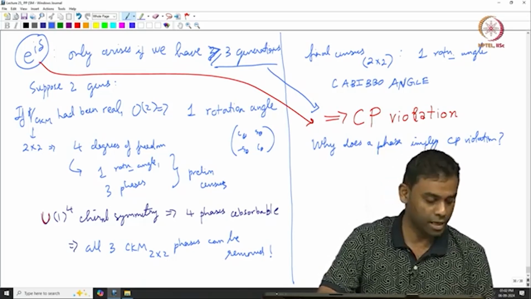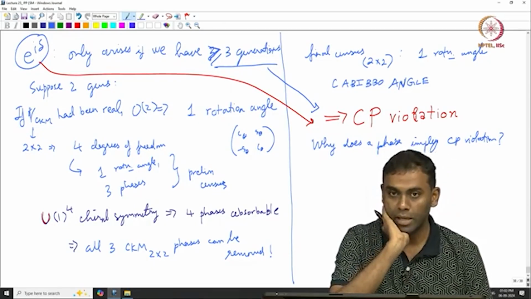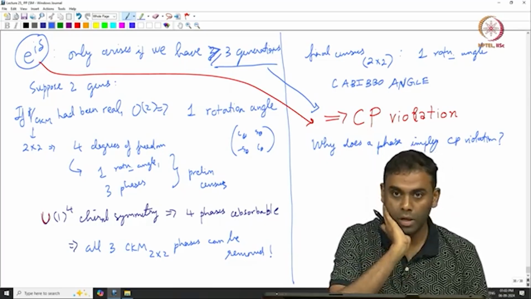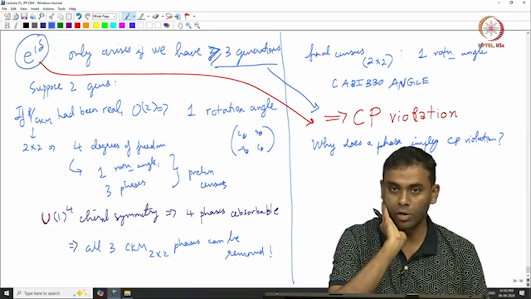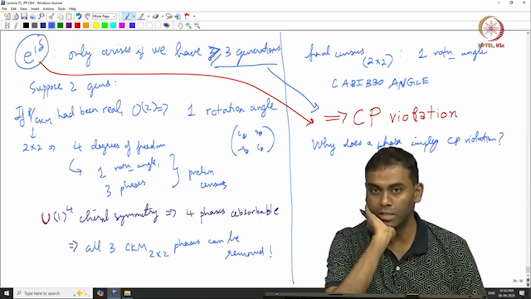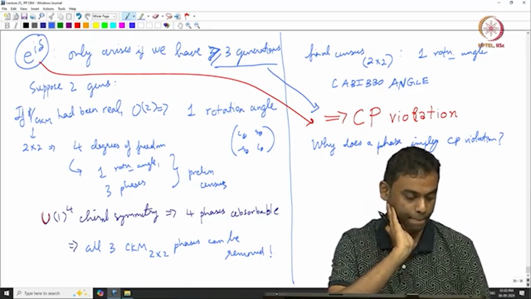So here I will wrap up by writing down the Lagrangian in the mass basis now with the phases put in, okay, and then I will give you a hint for what to do to see the CP violation going on, but in the next lecture we will do it in full detail. Okay.